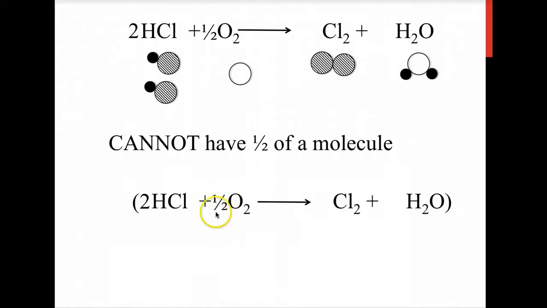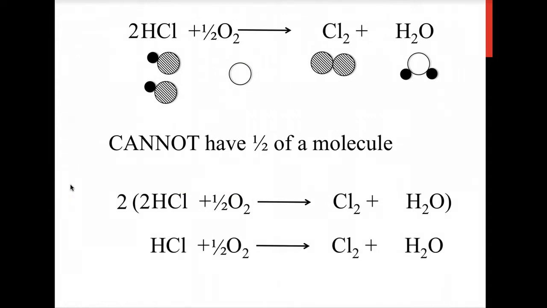Okay, and what do we multiply by to get rid of this half? Well, we multiply it by its reciprocal, which is going to be 2 over 1, which is just 2. So if we multiply everything in this equation by 2, then we should have a balanced equation.